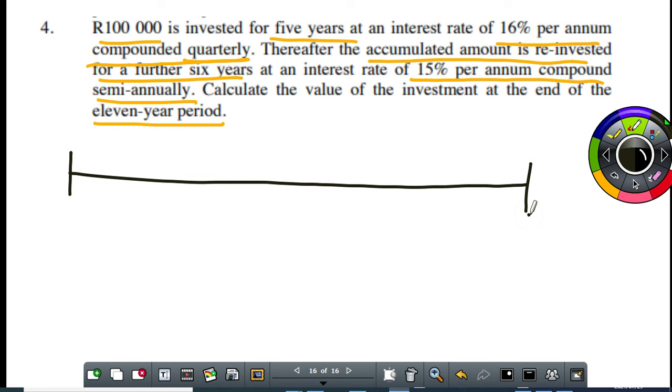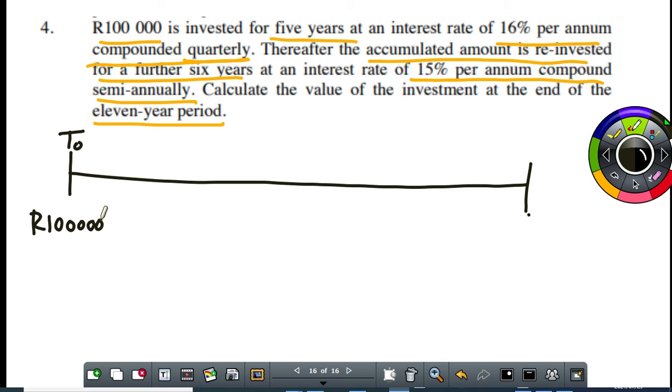At the beginning here, where a person deposits the money after signing the paperwork, we call this T naught. At this point, the person deposits 100,000. Are you following? Now, for the first 5 years, the interest is 16% compounded quarterly.